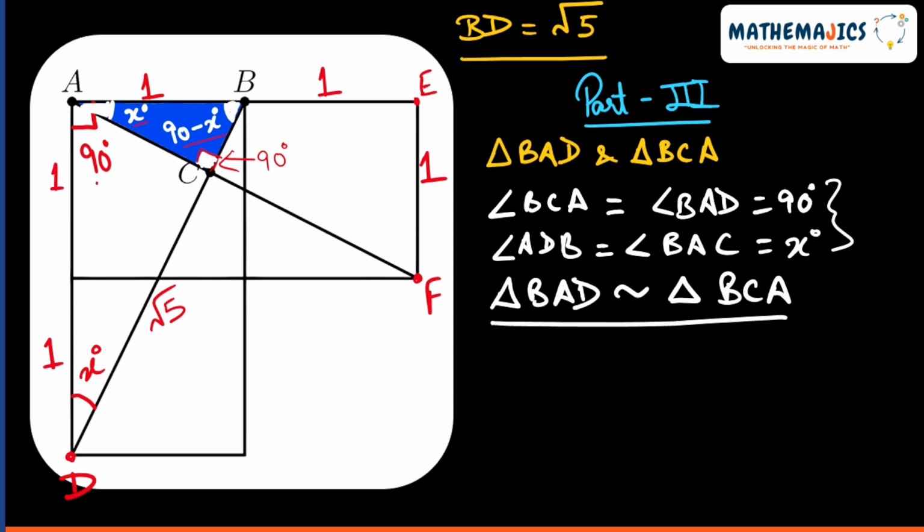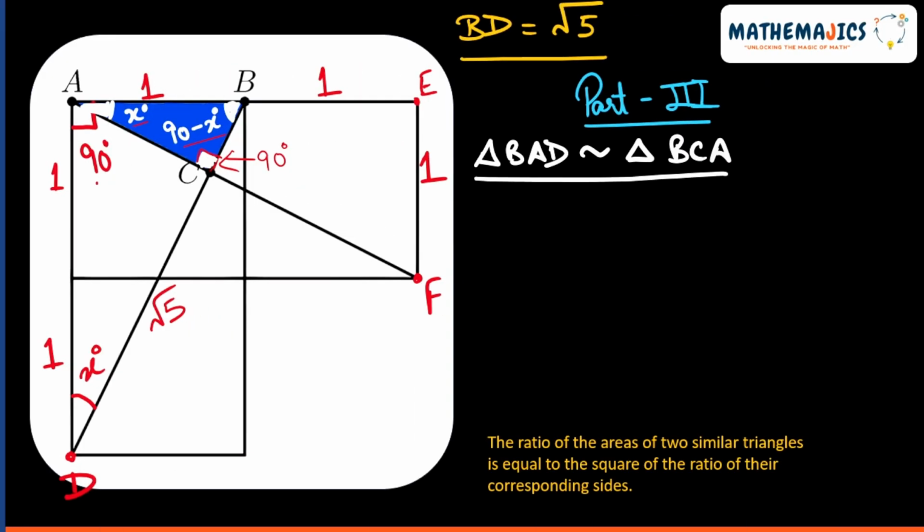Now, why was it important to prove similarity between these two triangles? We will see. We will be using a property of similar triangles: the ratio of the areas of two similar triangles is equal to the square of the ratio of their corresponding sides.